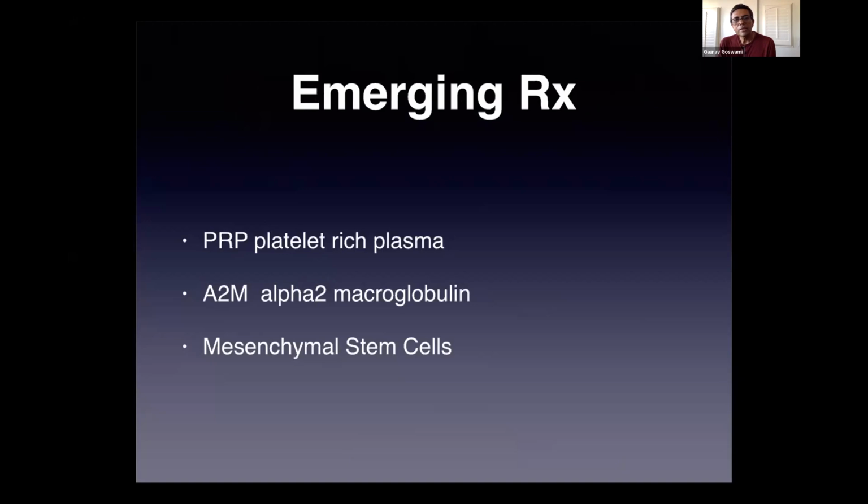Now, even as this has been going on for many years and a lot of patients have had the treatments, there are some emerging treatments which are scientifically proven. Everything that I'm presenting here does have a scientific paper.